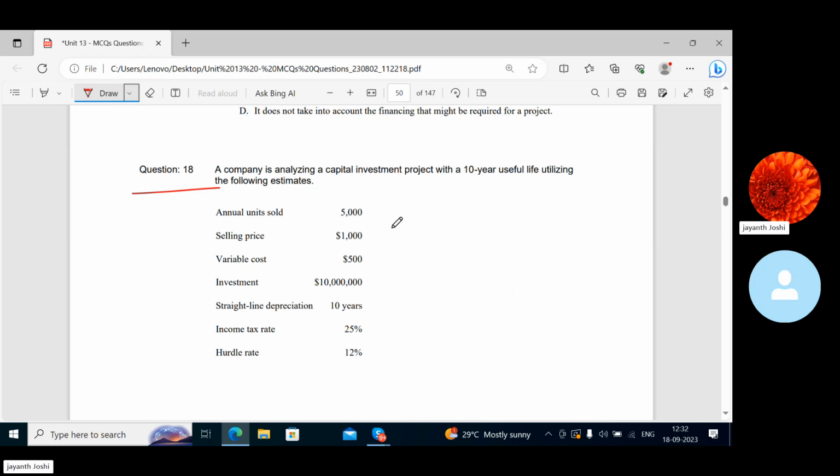So first we will see NPV without sales increase, then NPV with sales increase. Now we are going to take sales minus variable cost.